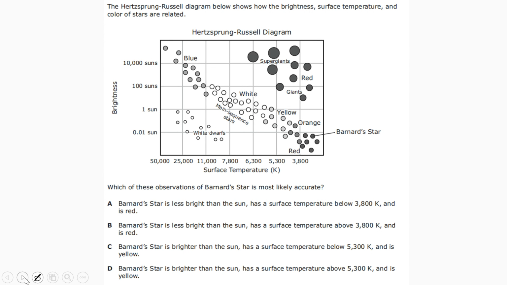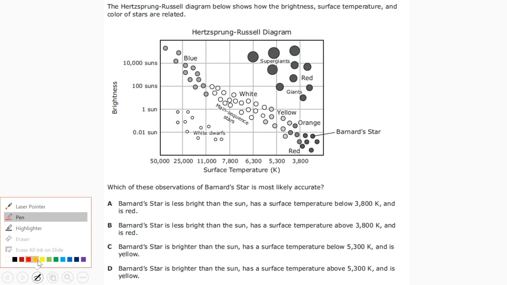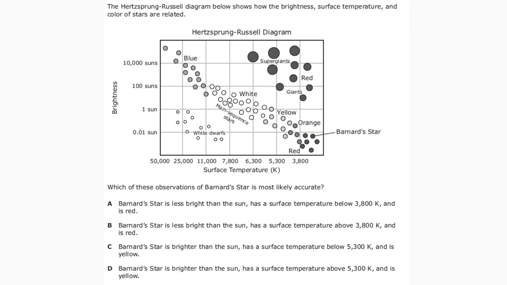All right. The Hertzsprung-Russell diagram below shows how brightness, surface temperature, and color of stars are related. Which of these observations of Barnard's star is most likely accurate? So let's find Barnard's star. It's right here.